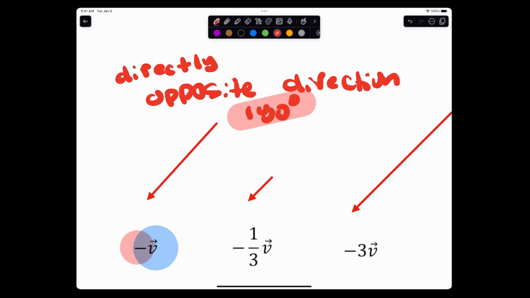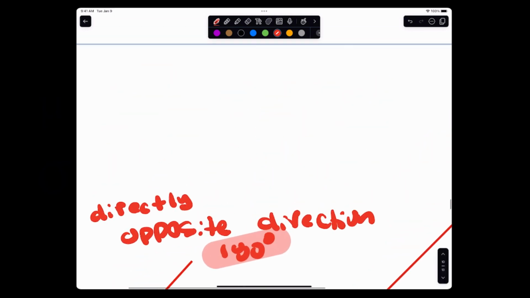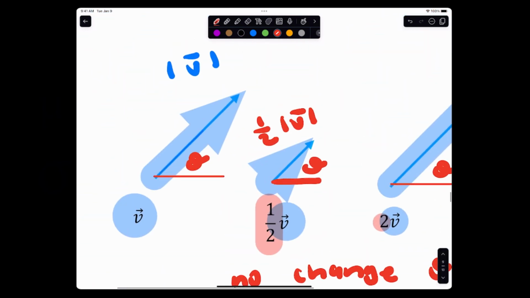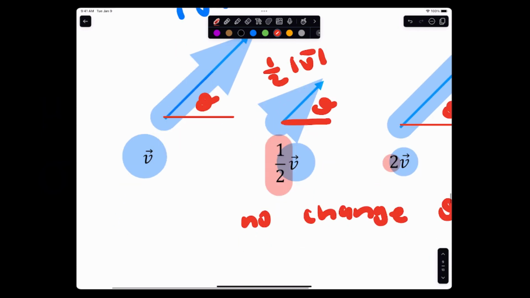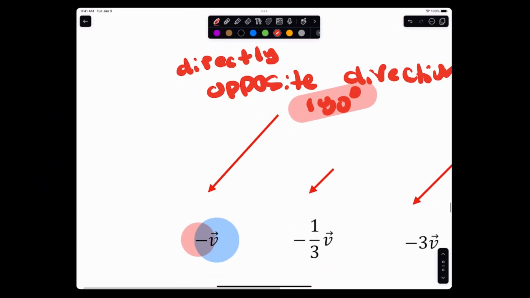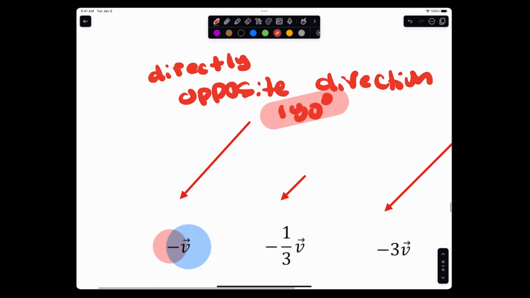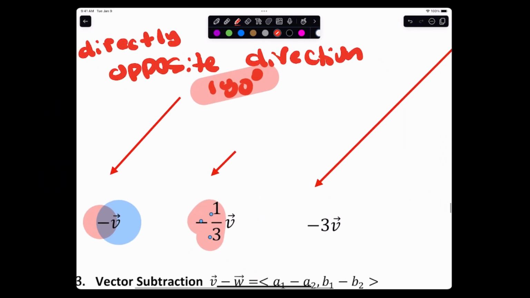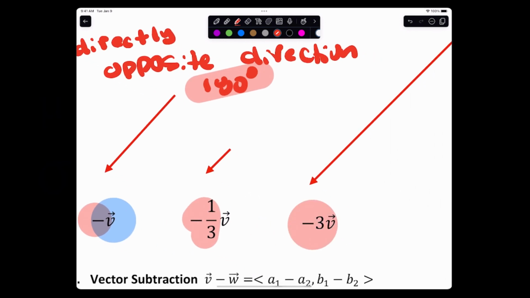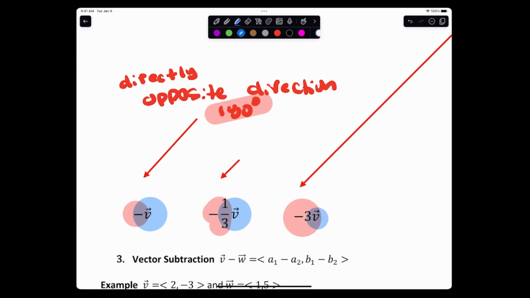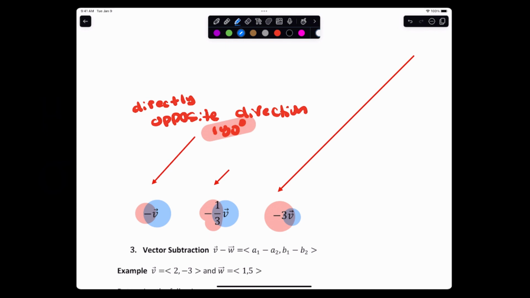You say, what does that mean? 180 degrees opposite. So here's v, and then minus v is directly opposite by 180. And then you can actually shrink that as well. This is now -1/3 of that. It's directly opposite. This is -3 times that v again. It's still negative, so it's directly opposite, but the length is now 3 times.